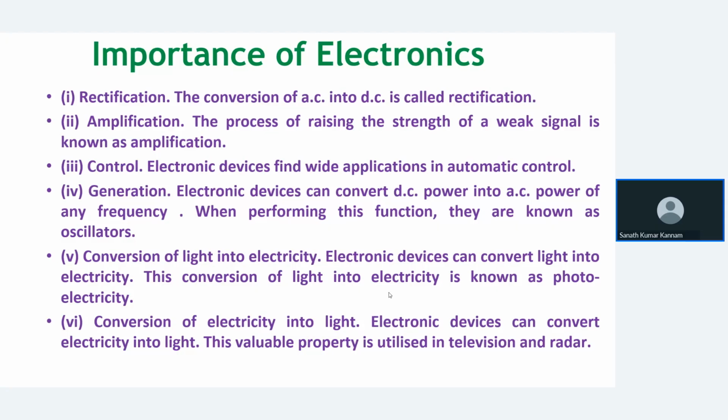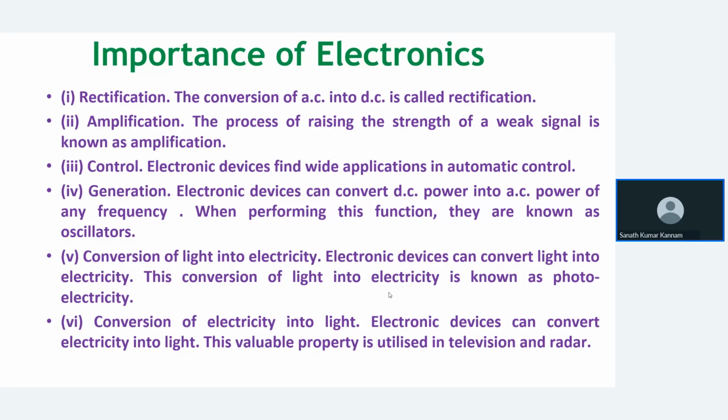That weak signal you give to an amplifier. The amplifier converts the weak signal into a strong signal, and again you give it to a loudspeaker. The loudspeaker converts the amplified signal into a sound signal.